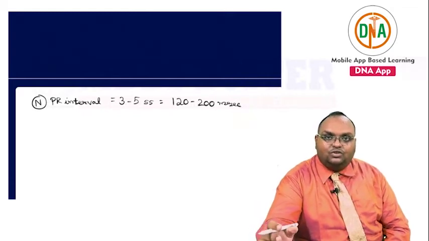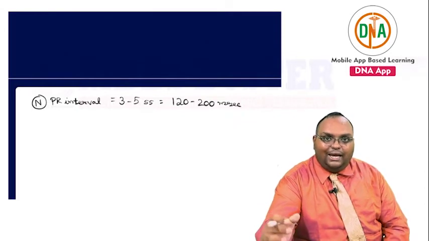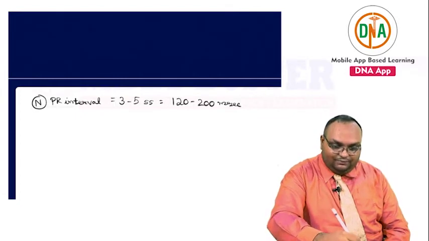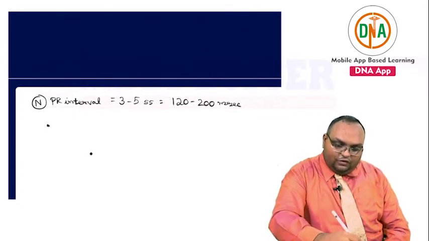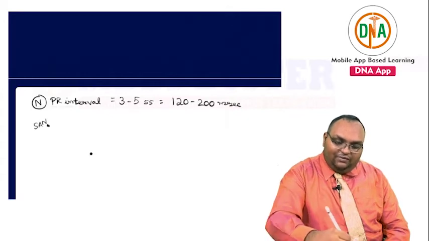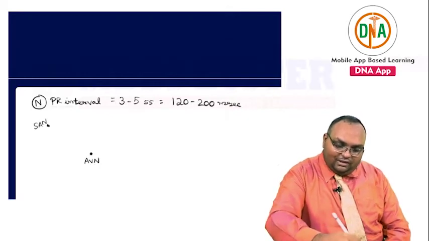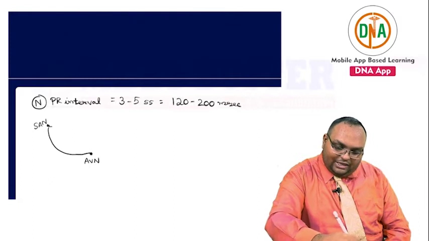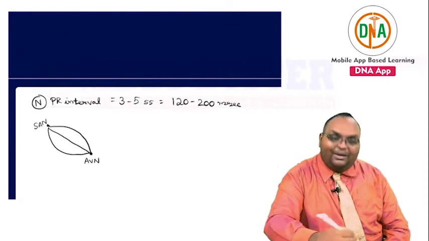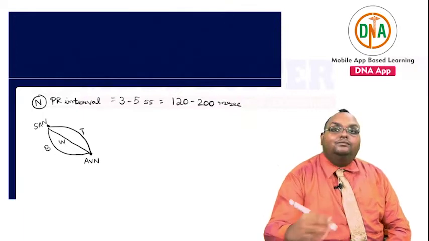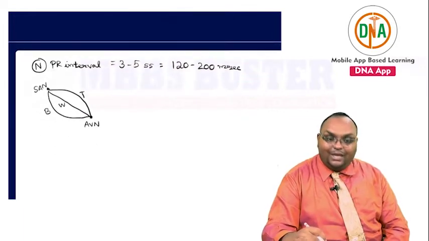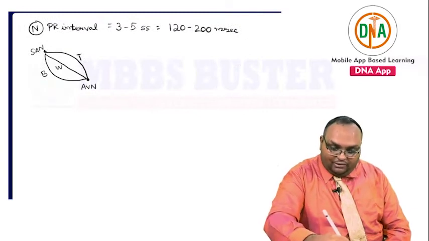So let's draw a simple diagram of the heart, and then we'll go into the elaborate detailing of the pathology. If you have the SA node over here and you have the AV node over here, and you're connecting them with the bundles of Bachmann, Wenckebach and Thorel. Okay, it's not a BMW, it's a BWT. And I'm dropping a bundle from here again.